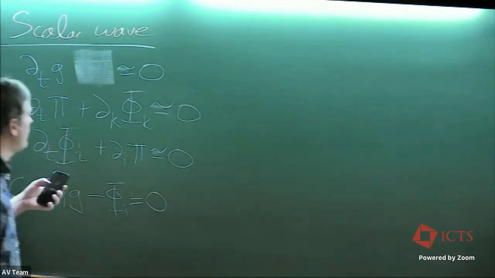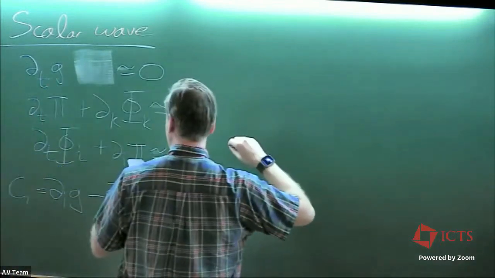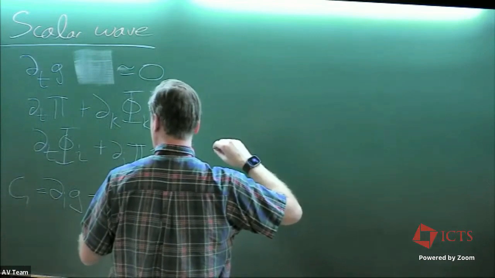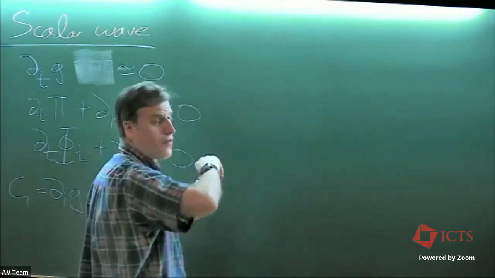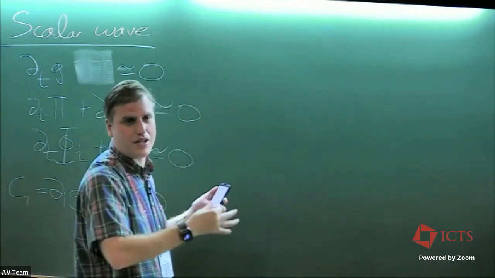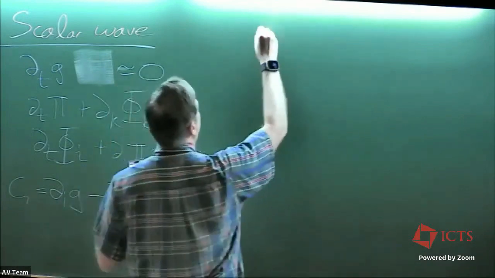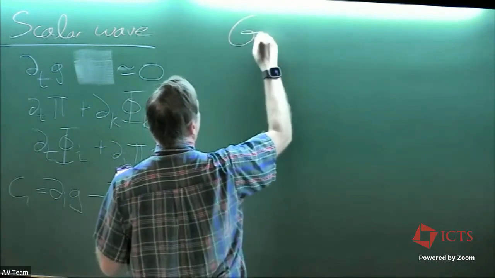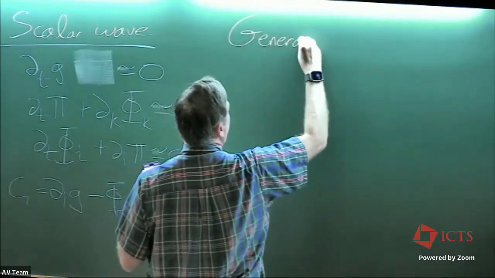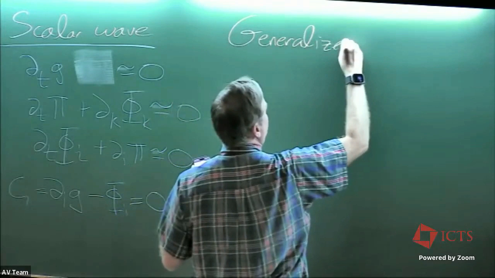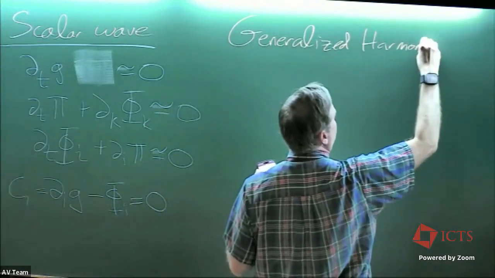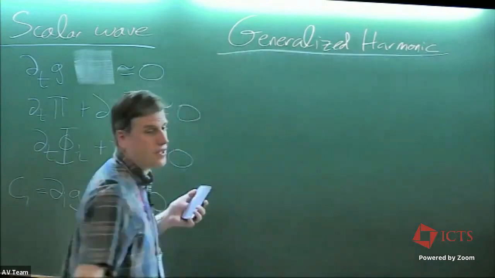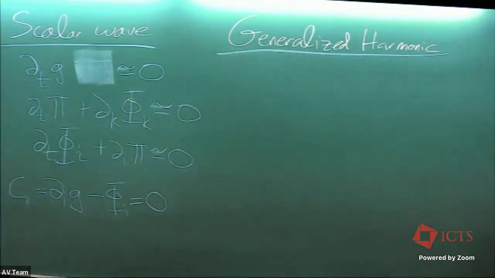And now I want to compare that, and I'll just write out what the principal part is for one formulation of the real equations of general relativity in vacuum. So this is generalized harmonic. There's lots of formulations that you can use in numerical relativity. I think you probably met the BSSN formulation last week.